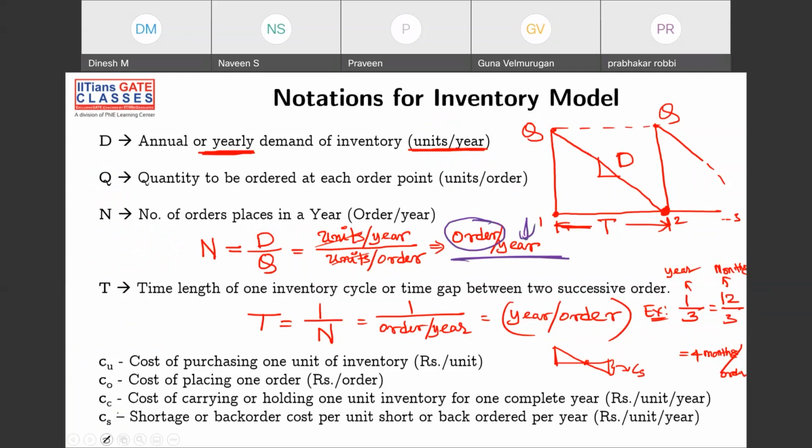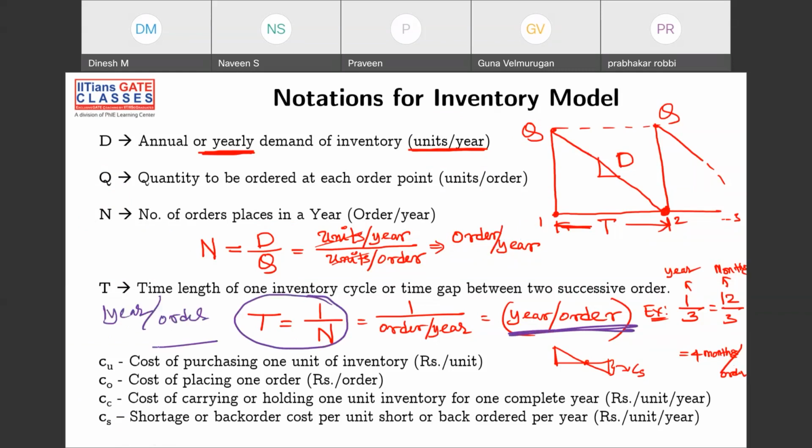Next, time is given by 1 by number of orders. Why, sir? 1 by orders per year will be year per order. In the sense, 1 year divided by the number of orders gives you the time gap between each order.